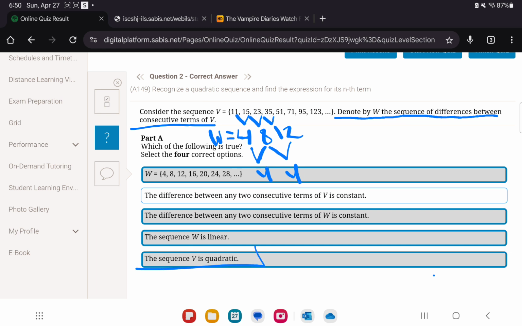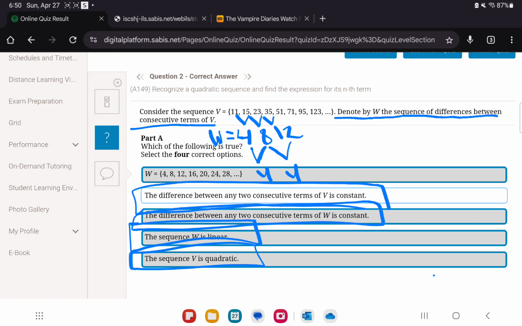So here we have V is a quadratic sequence and W is a linear sequence. Since W is linear, that means the difference between two consecutive terms in W is constant. So this also is a right answer. Here they're telling us the difference between any two consecutive terms of V is constant. No, it isn't, because we said V is quadratic, so the first difference is not constant, okay?